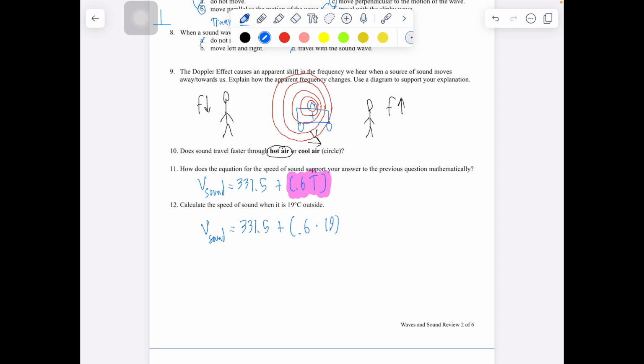So, 0.6 times 19 gets us 11.4. We're adding that to our 331.5, which is going to give us a speed of sound in the air at 19 degrees Celsius of 342.9. Don't forget your units, meters per second.